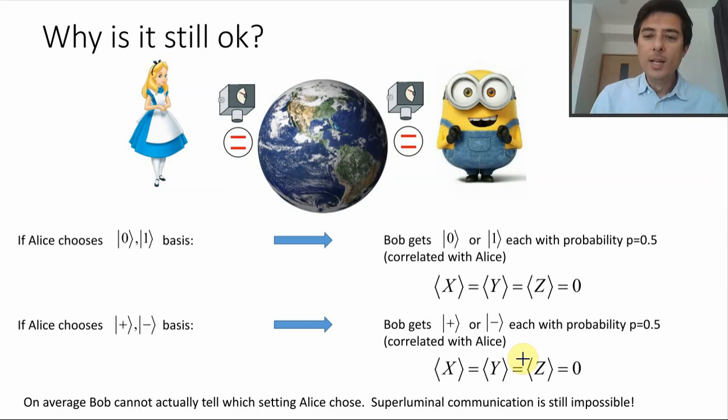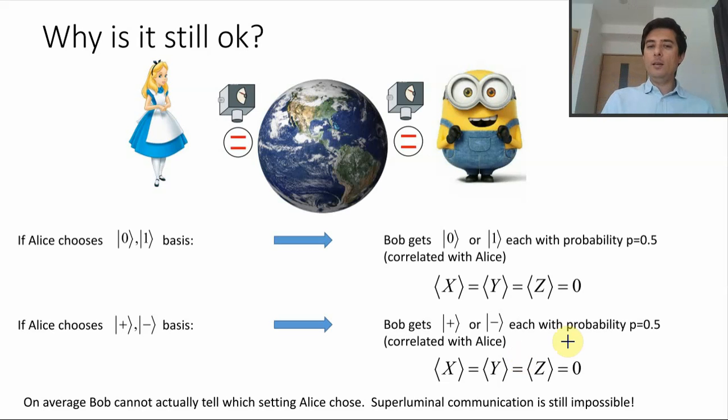Text message. So, you know, that's basically where we're at with Einstein's theory. If we were able to do superluminal communication, then this would mean that we would be able to do it instantaneously, and the light speed would not be a barrier.